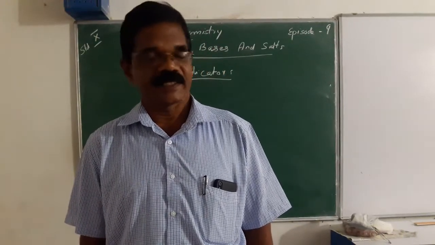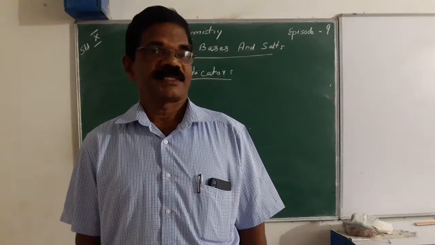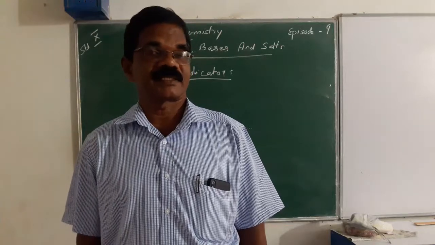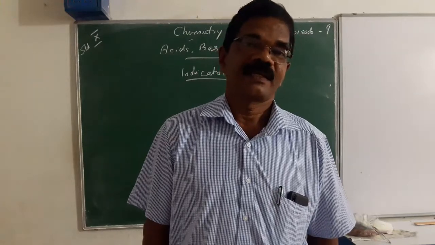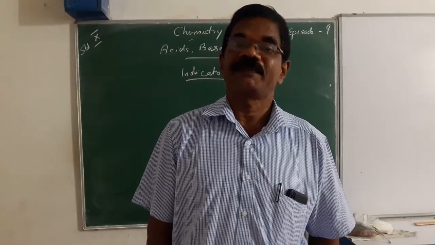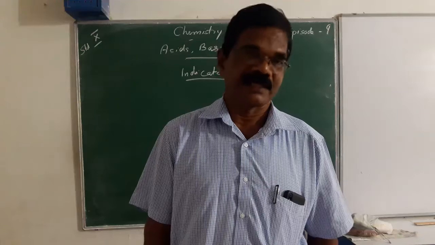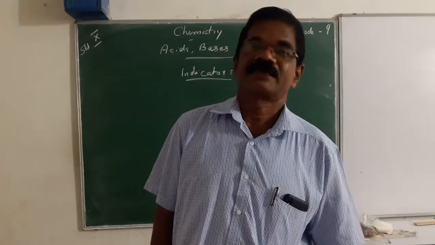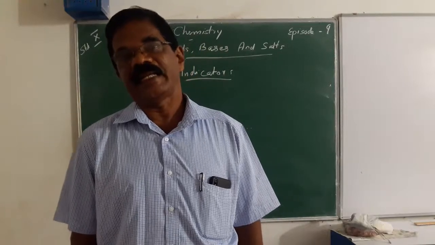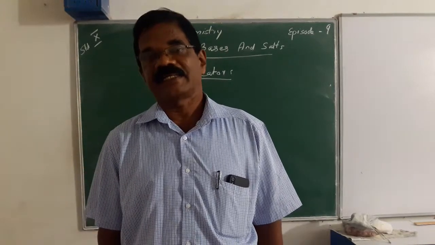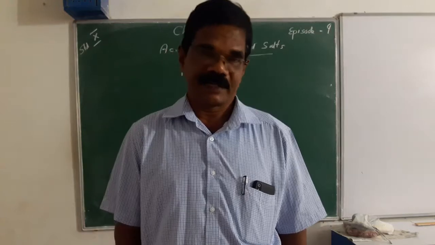I already said that we studied about acids and bases. Now we can study how we can identify an acid or a base. There are some substances by which we can identify whether a substance is an acid or a base.